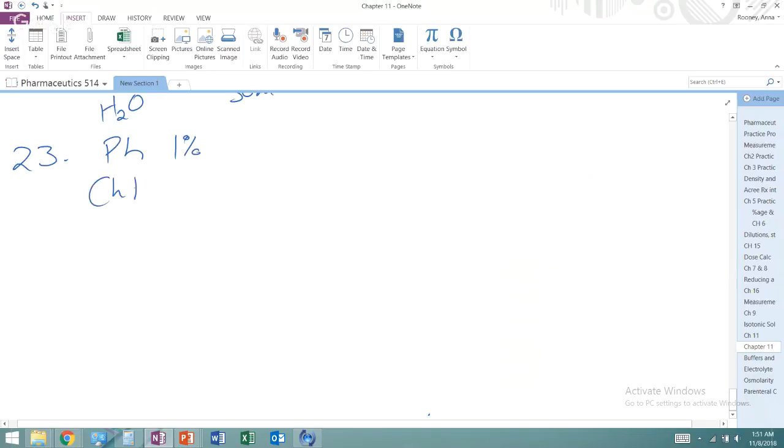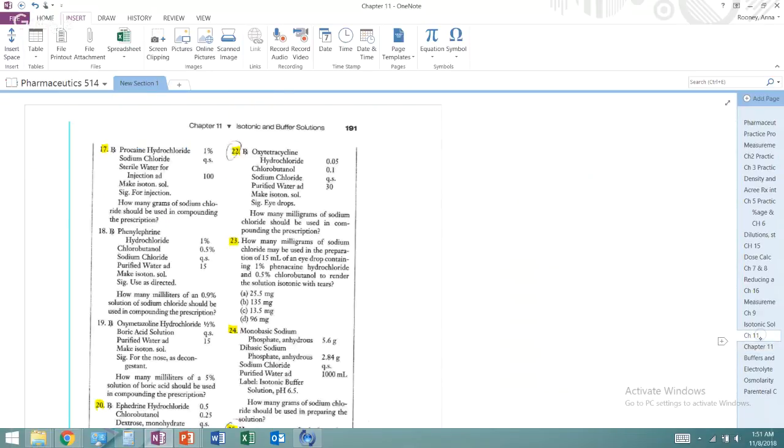There's chlorobutanol, which is 0.5%, and it is in 15 milliliters, and then we have sodium chloride QS, and then 15, I think it's 15 milliliters H2O.